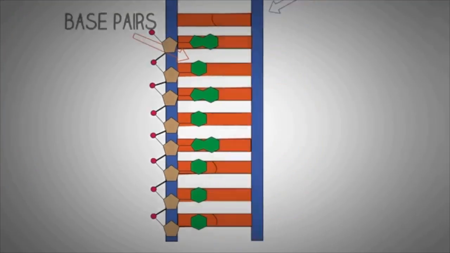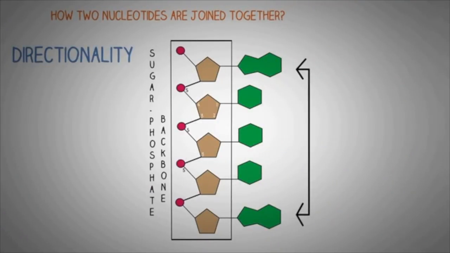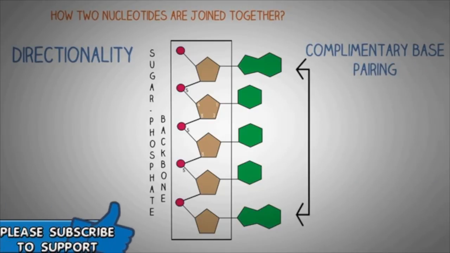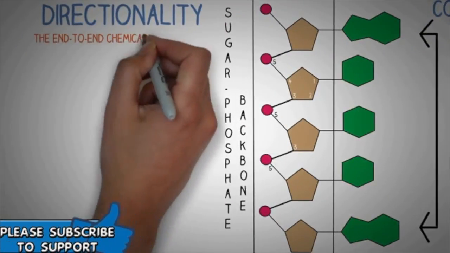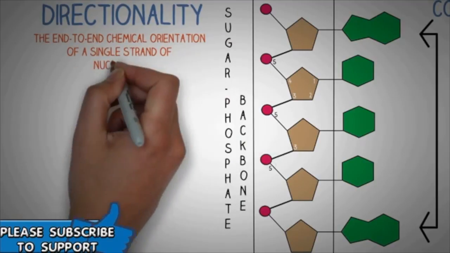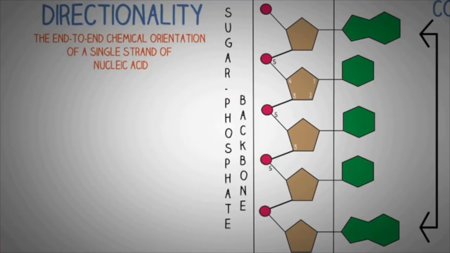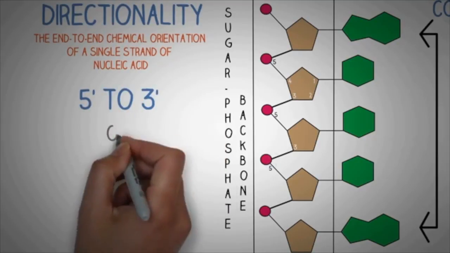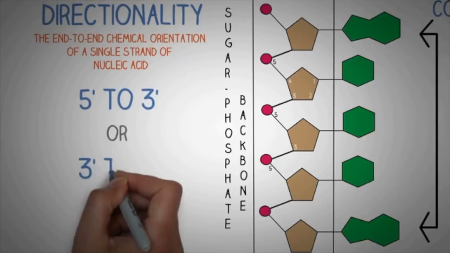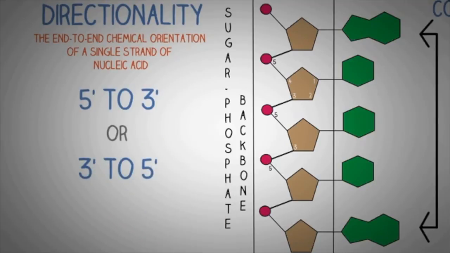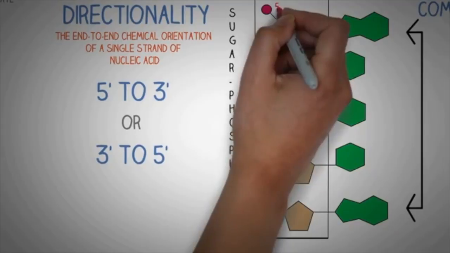And to understand these key differences, you have to understand the concept of directionality and complementary base pairing. Now, what directionality essentially means is that it is the end-to-end chemical orientation of a single strand of nucleic acid. In this example, you are seeing a single strand of a nucleic acid. Now, the direction of the DNA is expressed in two ways, 5' end to 3' end or 3' end to 5' end.